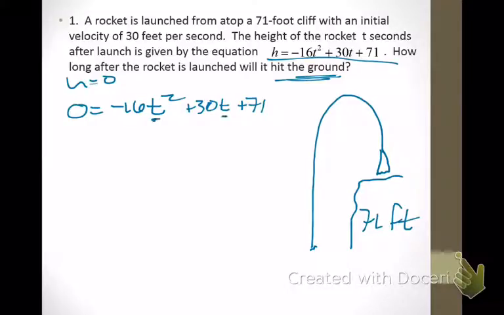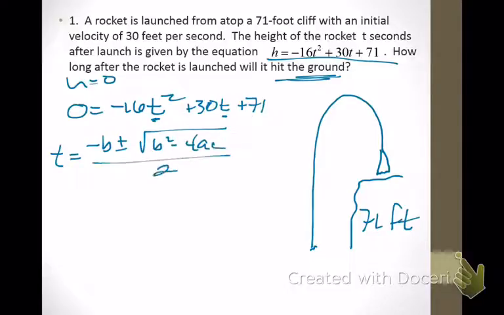Since t is sitting in place of the x, we're going to let t be x. So our quadratic formula says that t is equal to opposite b plus or minus the square root of b squared minus 4ac, all over 2a, where a is negative 16, b is 30, c is 71.